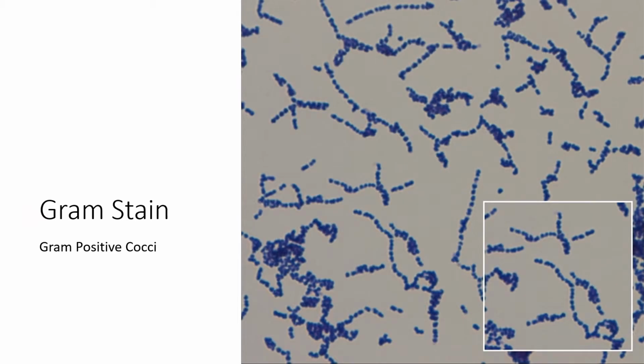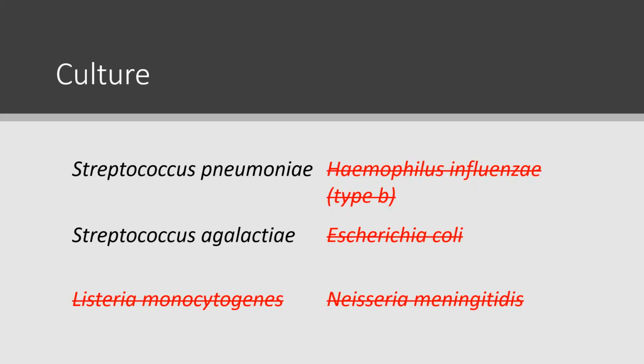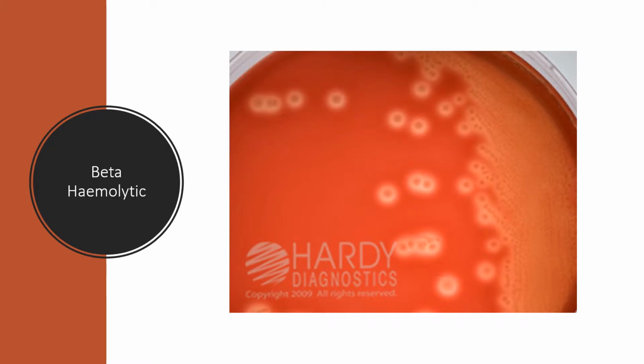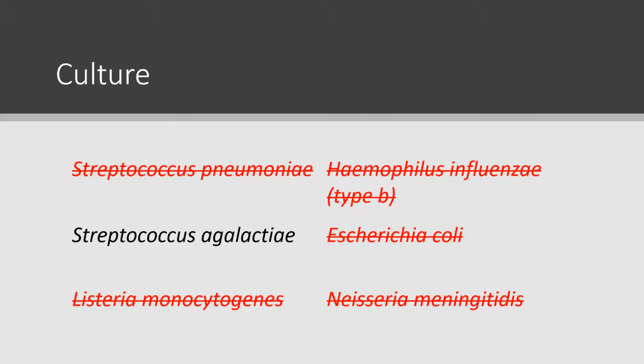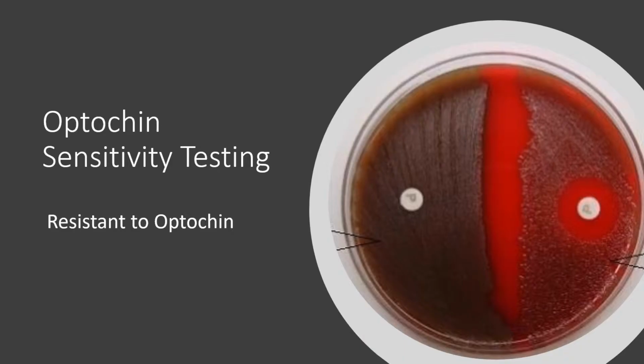Another Streptococcus was case 3. They showed up with gram-positive cocci, so that again narrows us down to Streptococcus. However, on the HbA it showed beta hemolysis, so that brings it down to Streptococcus agalactiae. To further identify the species, do another optochin sensitivity test.